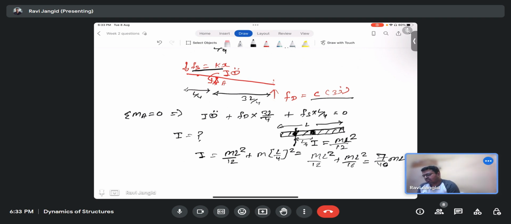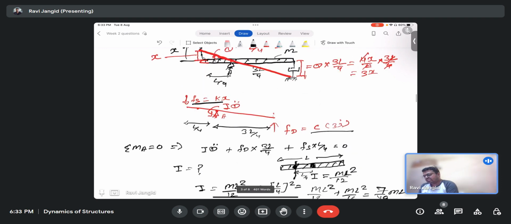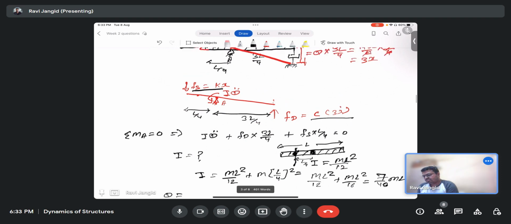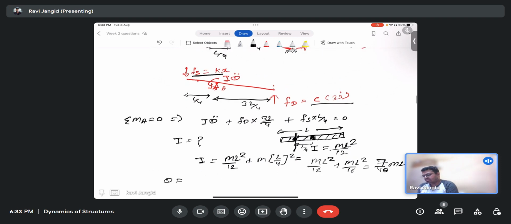Okay. And what is my theta? Theta is given as I have calculated, 4x by L, or I can write this equation in terms of theta, because the angle is small, as given in the question.